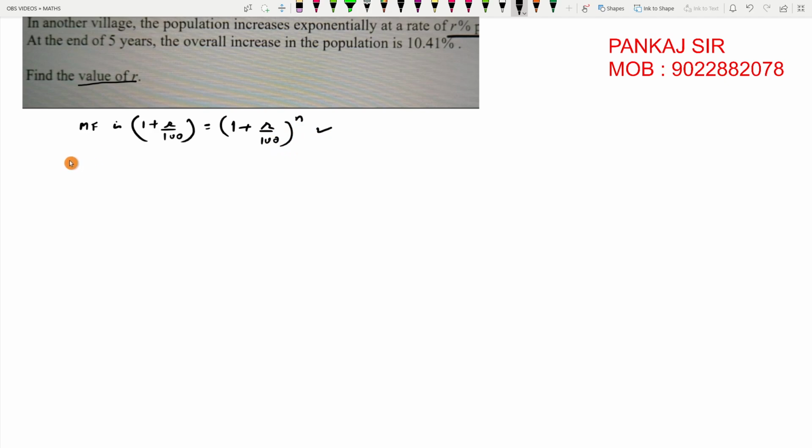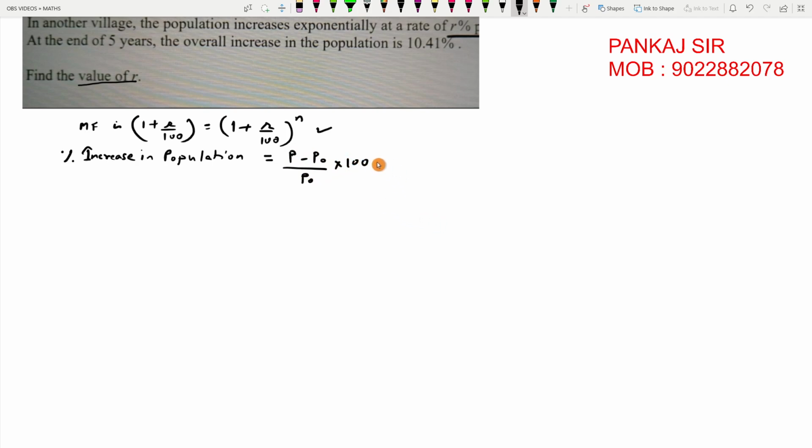The second formula is percentage increase in population, which will be given by P minus P naught divided by P naught times 100.